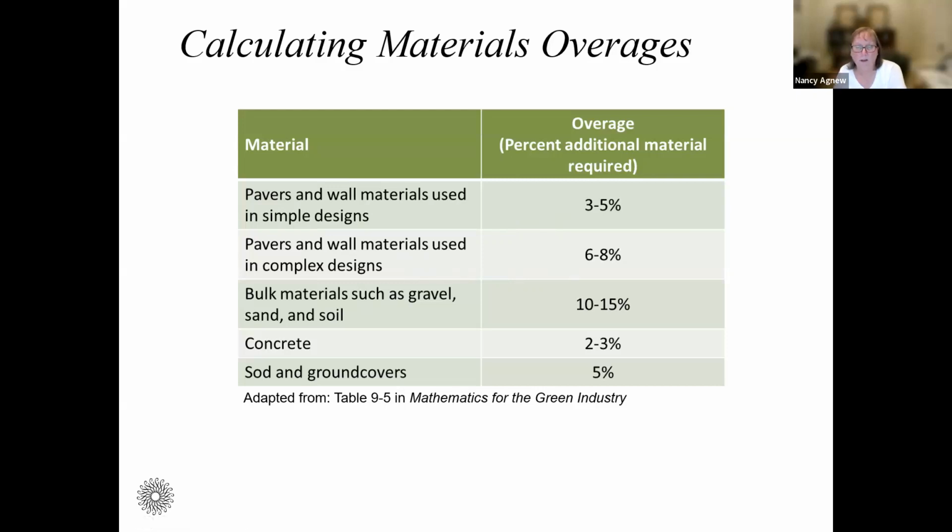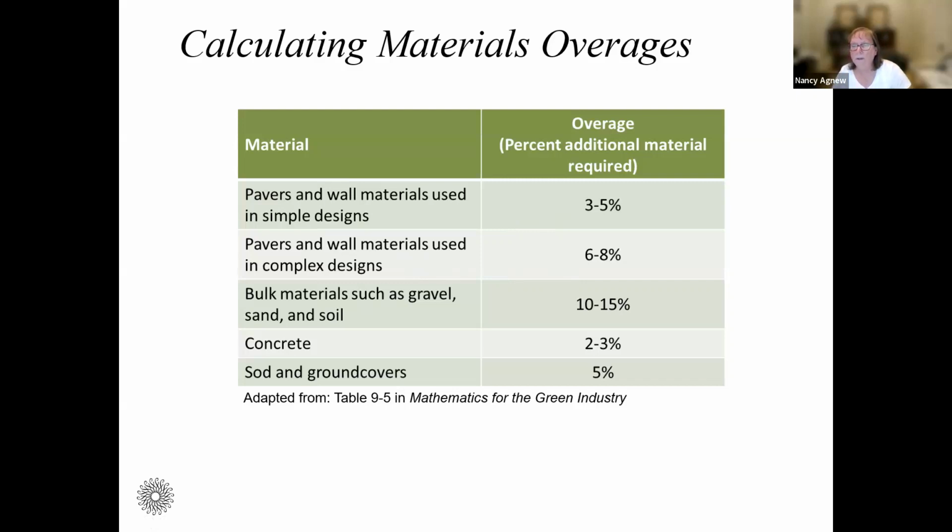Now, these are just general guidelines. If you're using those manufactured materials, the concrete pavers and wall materials, that company may have a recommended overage, and you need to pay attention to that, whomever the manufacturer is.